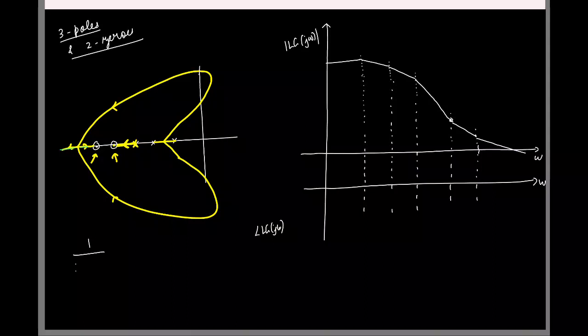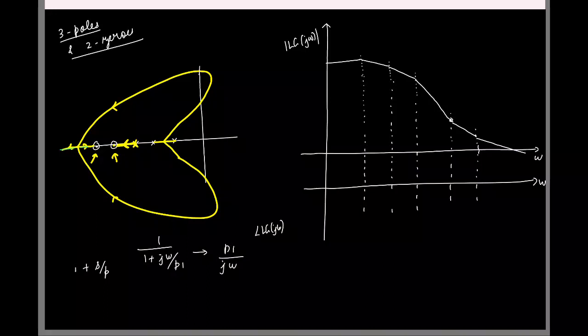Let's say I just have something like S by P. To plot the Bode plot, I'll do something like this. As omega tends to infinity, what can you approximate this as? Not exactly infinity, at very large frequencies, how can I approximate this? It's basically P1 by j omega. So what is the angle contributed? Minus 90. So it will start from 0, go to minus 90.